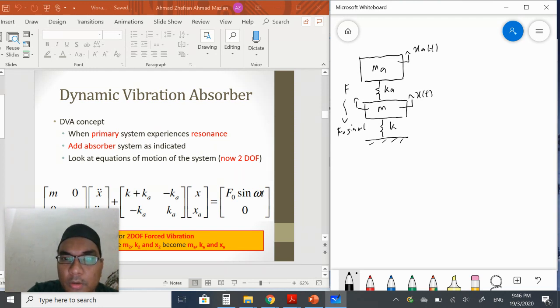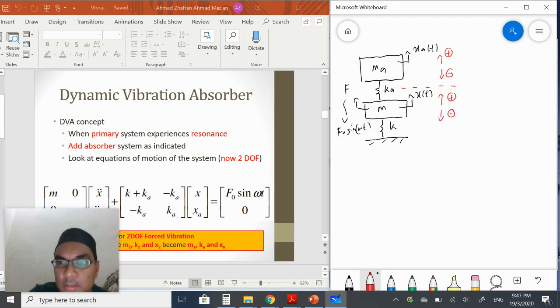sine omega t. As usual, we can derive the equation. When you draw here, divide by 2, there will be an upper side of plus and a lower side of minus. For the upper part there is no connection here, so it becomes 0.